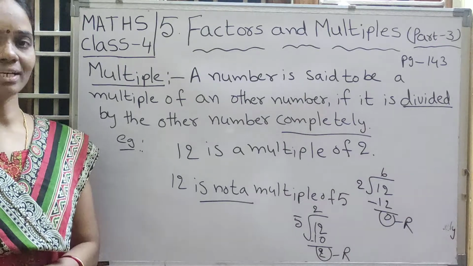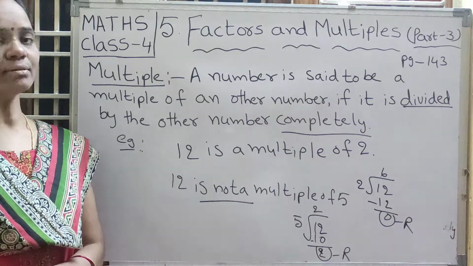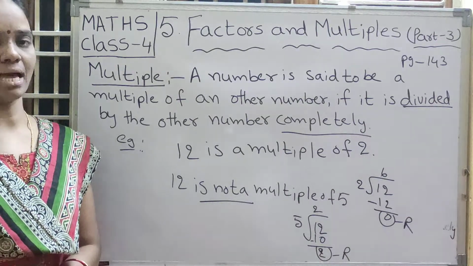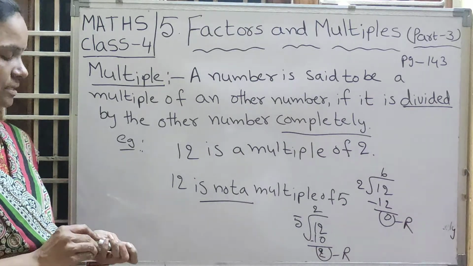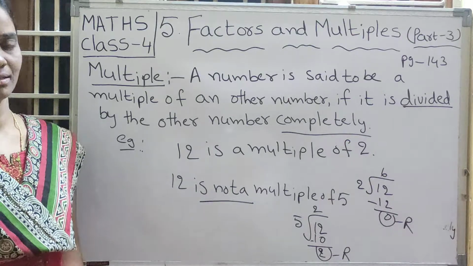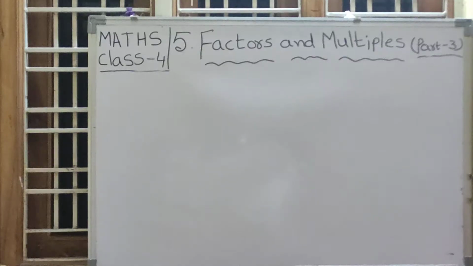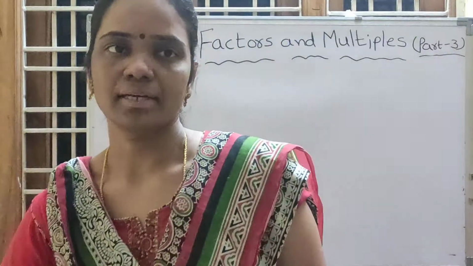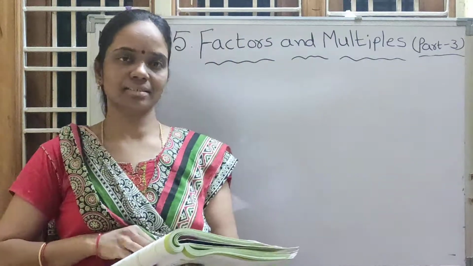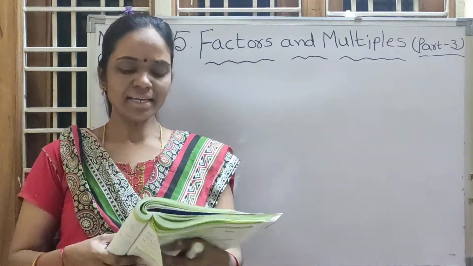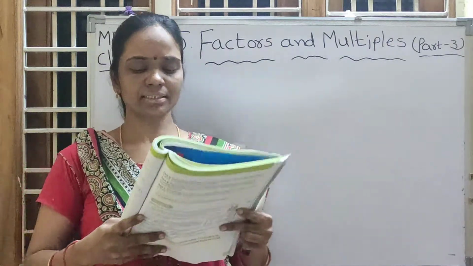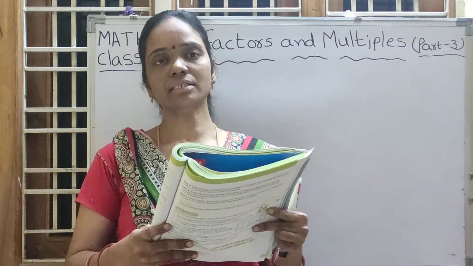Now I want to write multiples of some numbers. After that I want to take the properties. Okay, first take the properties of factors. 1 is a factor of every number and every number is a factor of itself.